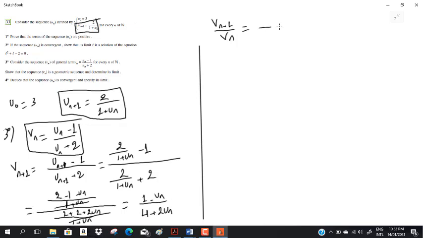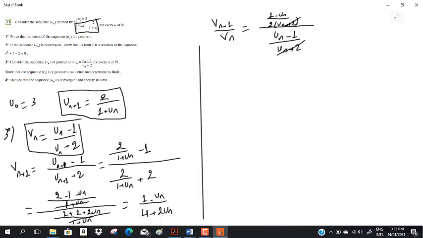So to show that Vn is a geometric sequence, we have to find Vn plus 1 over Vn, that is equal to 1 minus un over, taking 2 as a common factor, 2 into un plus 2, over un minus 1 over un plus 2.